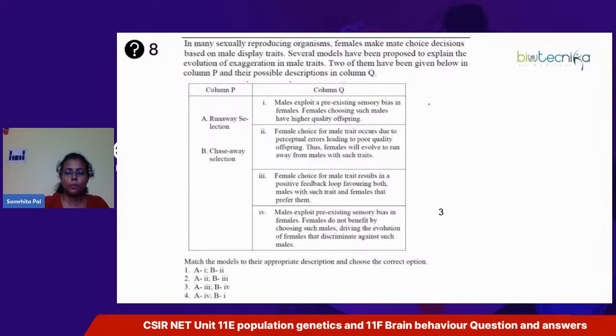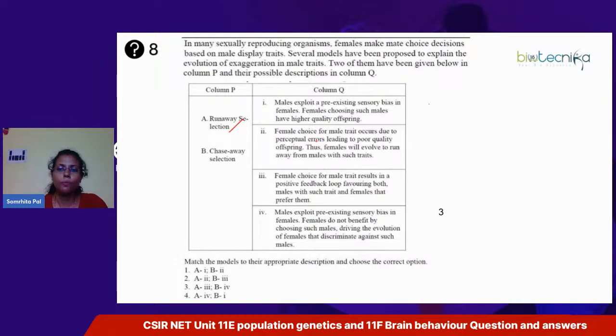So runaway selection, this is a mechanism whereby a secondary sexual trait which is expressed in one sex becomes genetically correlated with the preference for the trait in the other gender. The genetic coupling of the trait and the preference obviously leads to self-reinforcing loops of co-evolution between the trait and the preference for the trait.